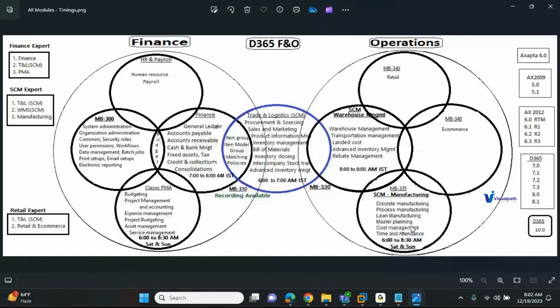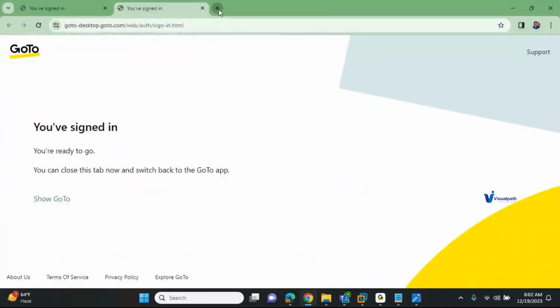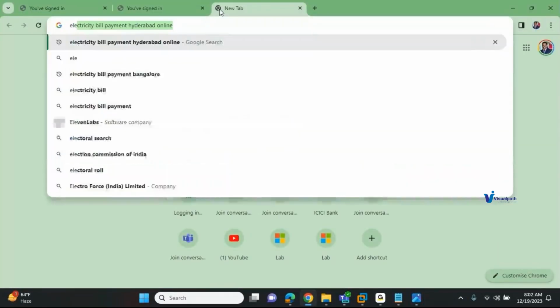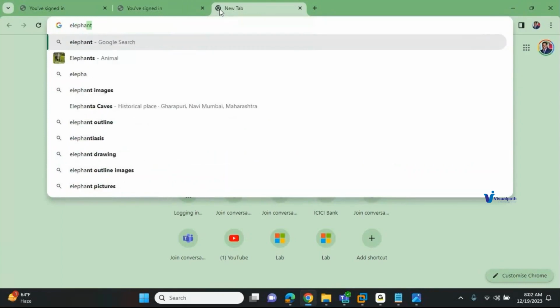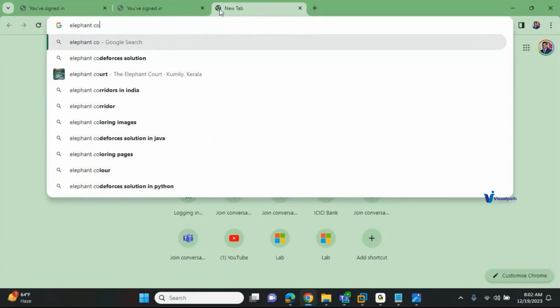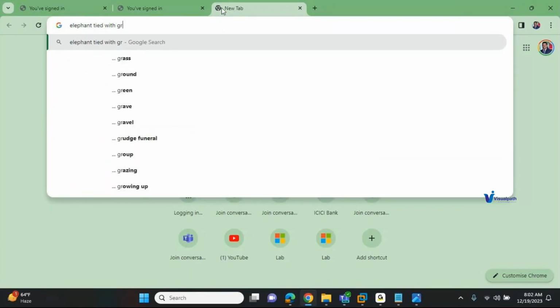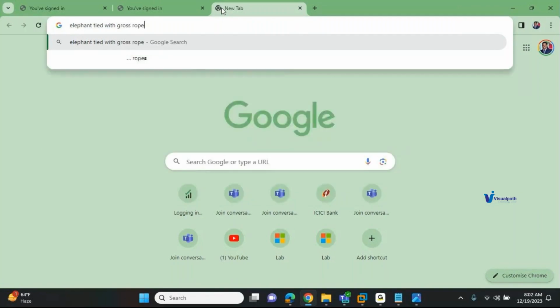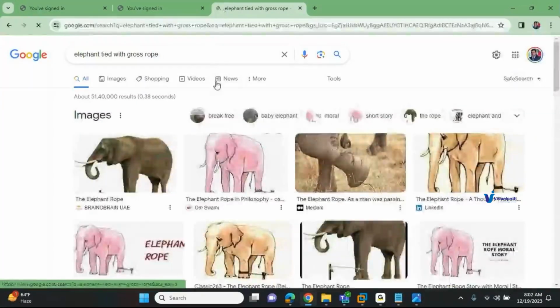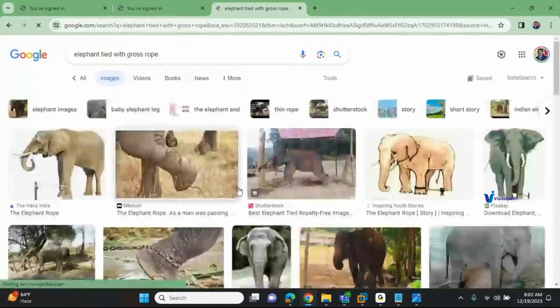I will tell you one example: the elephant. So this will be Titan.